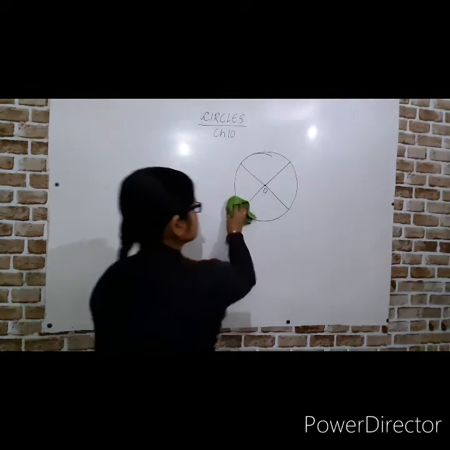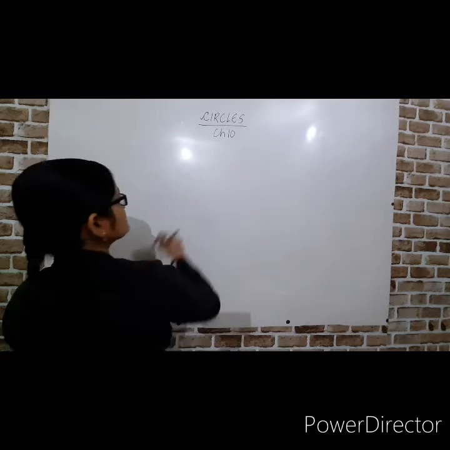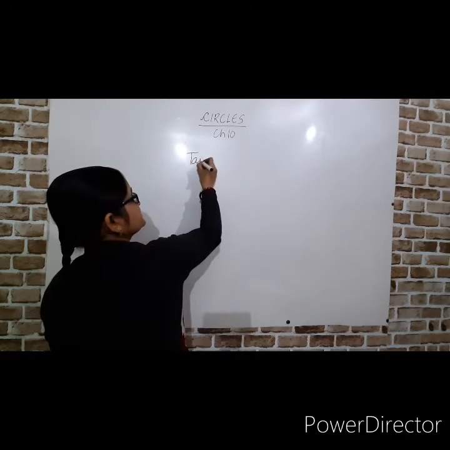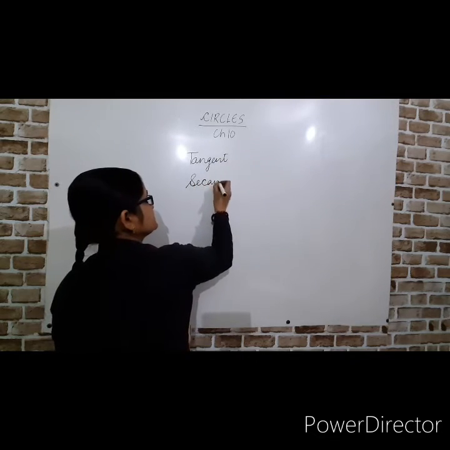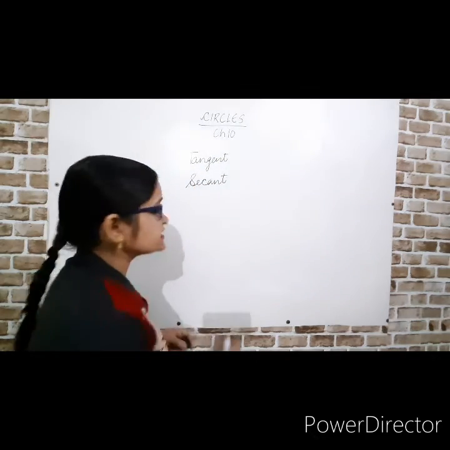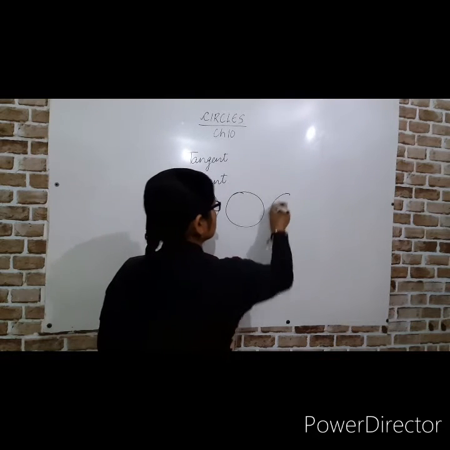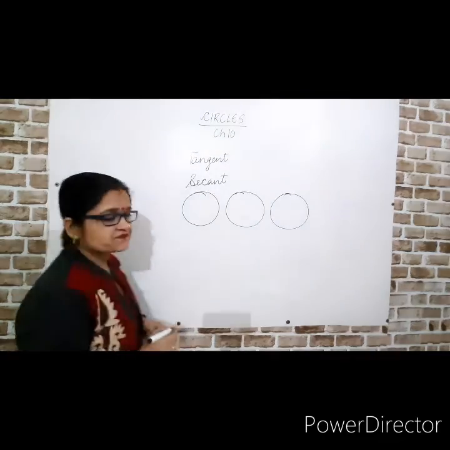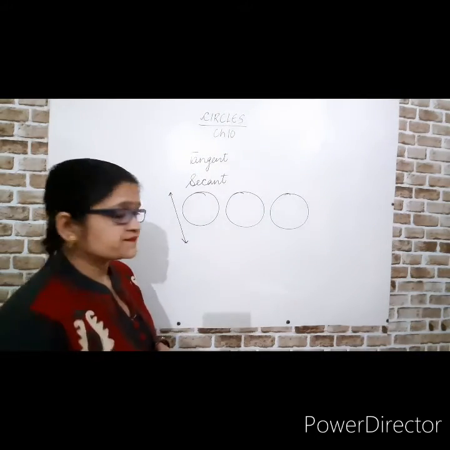Now, before starting this chapter, we must know about certain terms which are very important. First is tangent and second is secant. For this, I am taking three circles, 1, 2 and 3. This line is drawn.